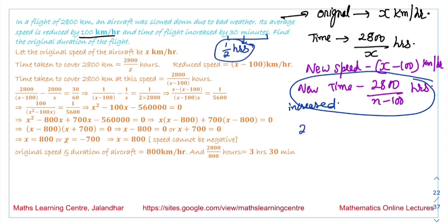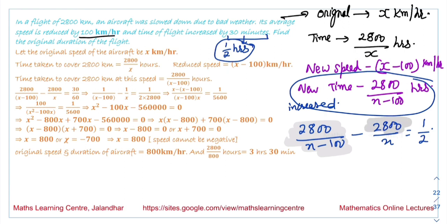So we are saying 2800 over x minus 100 minus 2800 over x is equal to 1 by 2. Why are we subtracting this term from this term? Because this value is the greater value: when the speed is reduced, the time taken will be increased. So this is a greater time period than this value.